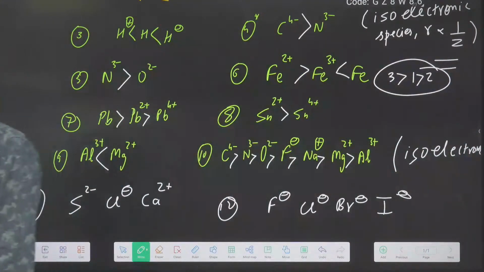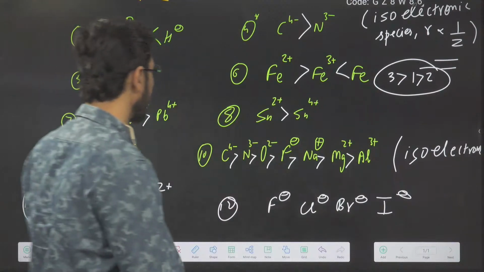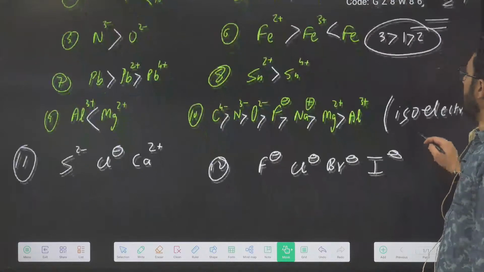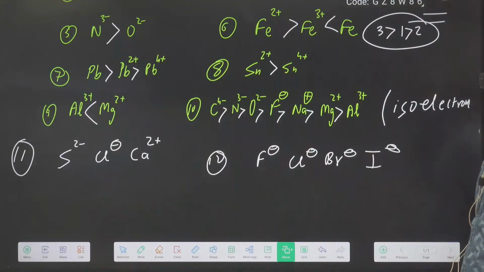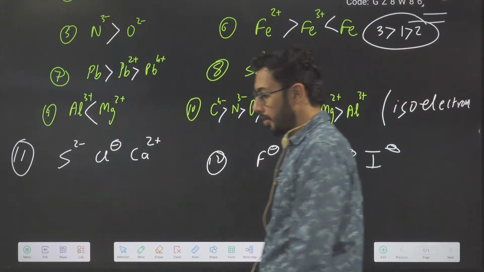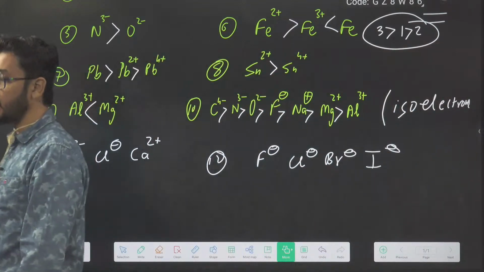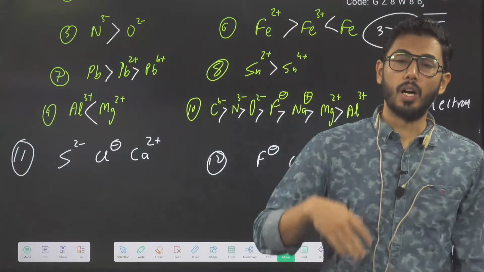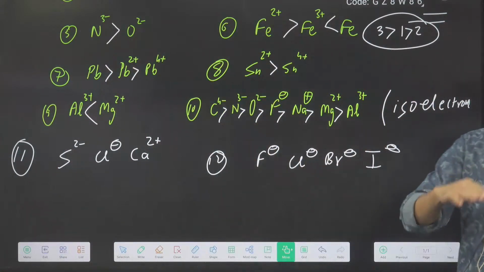Correct. Done. 10th, isoelectronic species, inversely proportional to Z, or higher the negative charge, more ionic radius, higher the positive charge, less ionic radius.